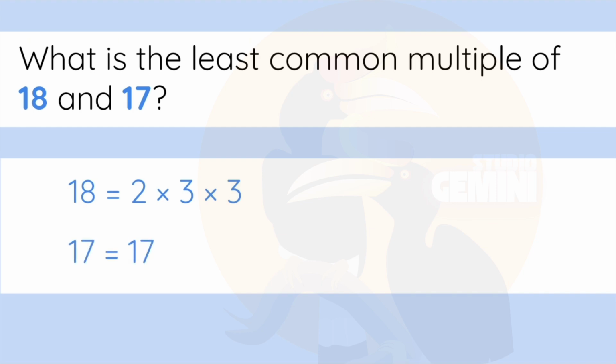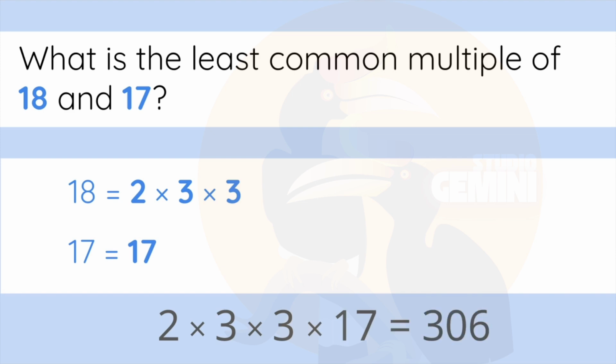Now we will create the least common multiple by writing its prime factors. If we start with 18, we see we need 2 times 3 times 3. Now, looking at 17, we don't have 17 in the list yet, so we'll need to include 17 as well. Next, we will multiply 2 times 3 times 3 times 17 equals 306. So, the least common multiple of 18 and 17 is 306.